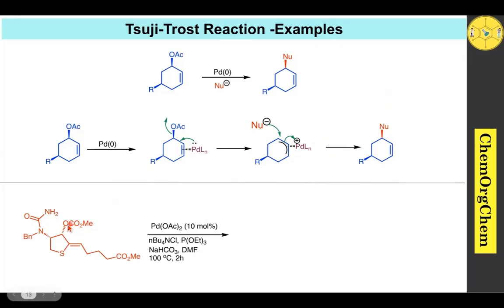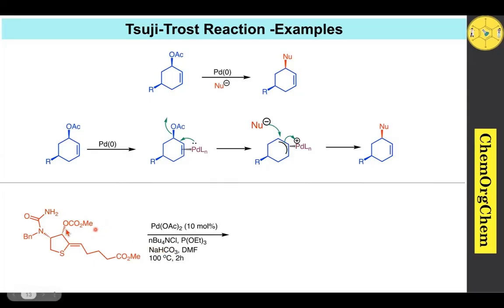This is where the allylic carbonate group is present. We use palladium acetate with tetrabutylammonium chloride, and this one acts as a ligand, and sodium bicarbonate acts as a base.